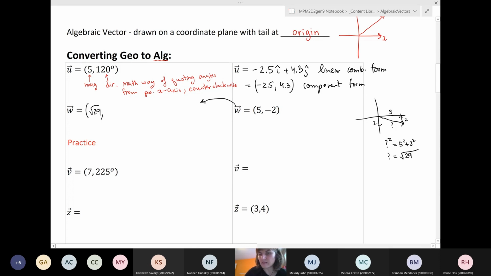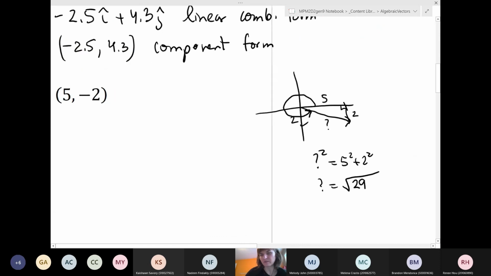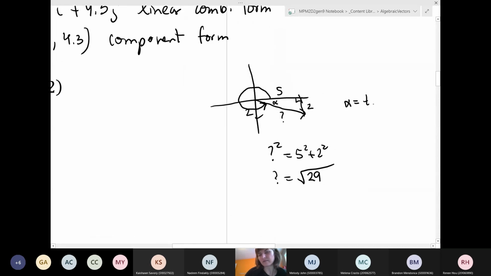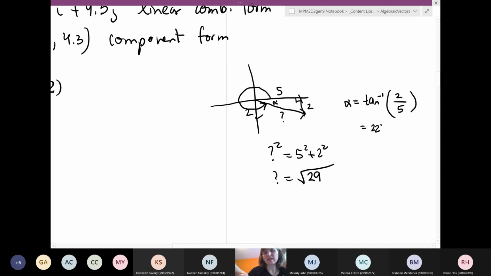The angle that we want to quote is this full rotation all the way over. So I want to first of all find this angle, let me call it alpha. And that one you would use tan of opposite over adjacent inside this right triangle. So I would do this quickly, tan inverse of 2 over 5. I get roughly 22 degrees. So who can tell me what is the rotation that goes almost all the way around the full circle, this rotation in yellow, from the positive x-axis?